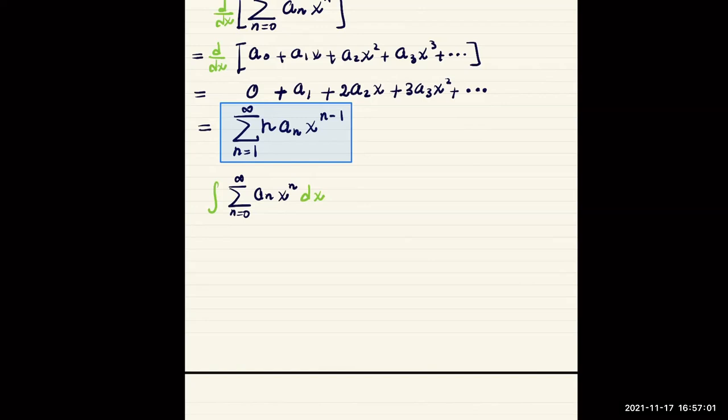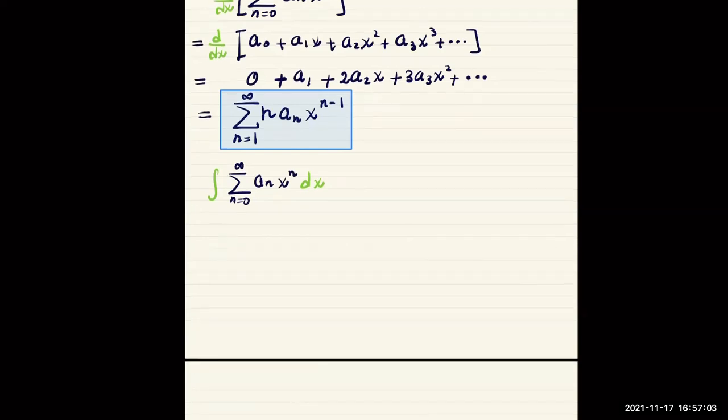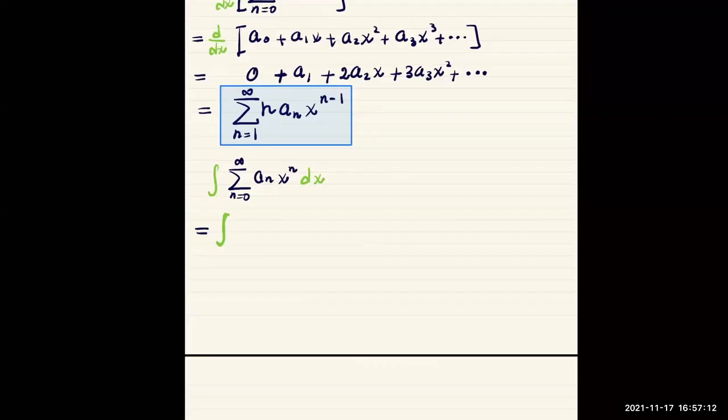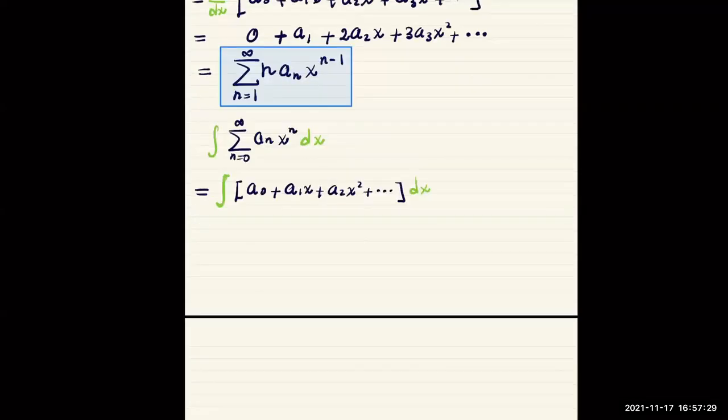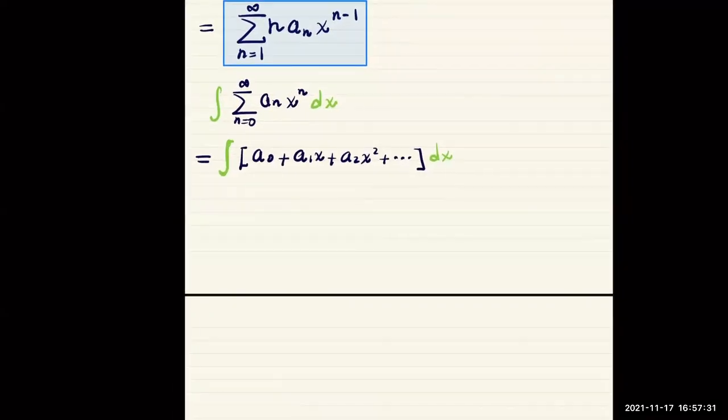All right, so you can do the same thing. If you want to see it better, you can expand. Here's the expansion for the power series: a0 plus a1x plus a2x squared, and so on, with respect to x. Now, again, you have an infinitely long polynomial, integrate term by term.